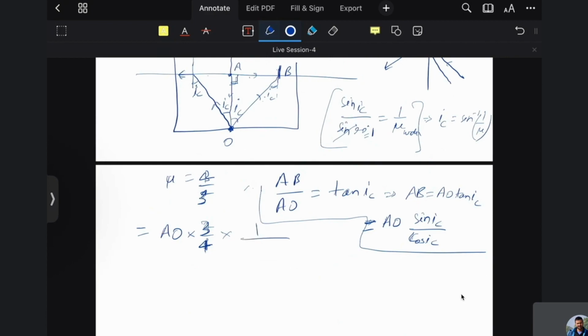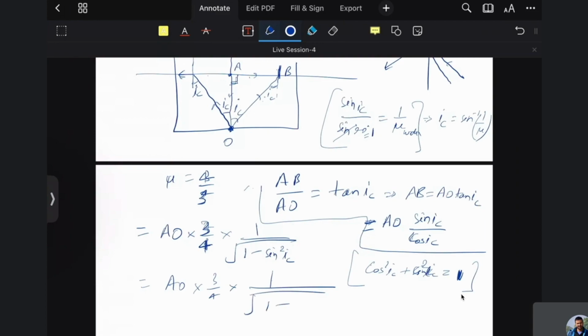We can write cos IC as the square root of 1 minus sine square IC. Do you know this formula? Because cos square theta is equal to 1 minus sin square theta. Then we can put everything here: AO into 3 by 4 into 1 by the root of 1 minus 3 square by 4 square, that is 9 by 16.